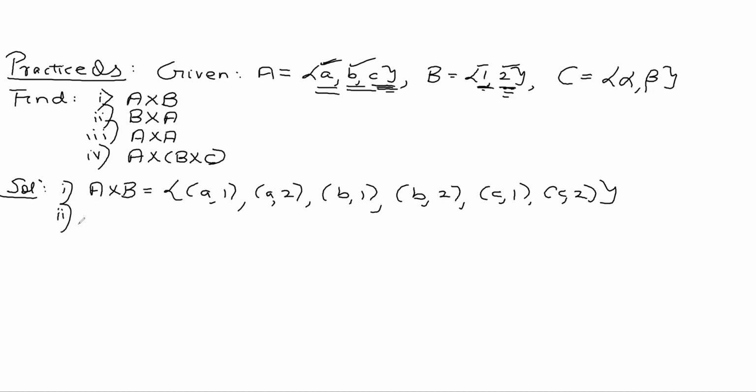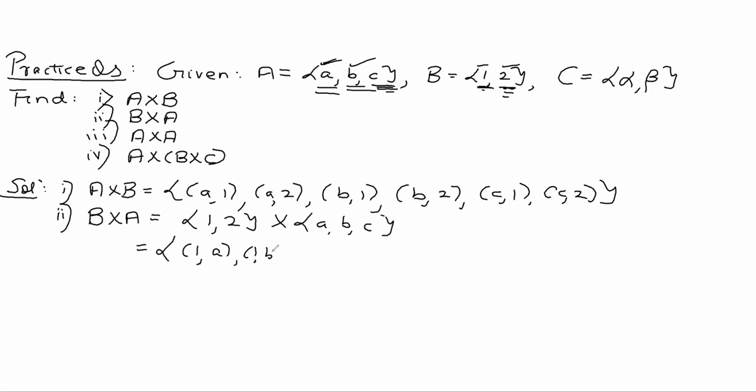If I find the Cartesian product of B cross A, B is {1, 2}, A is {a, b, c}. So the Cartesian product of B cross A will be (1,a), (1,b), (1,c), (2,a), (2,b), (2,c).